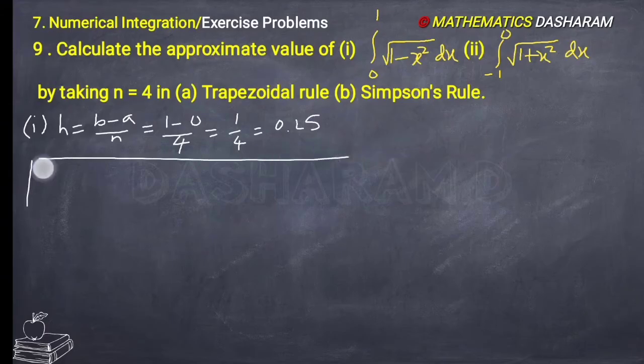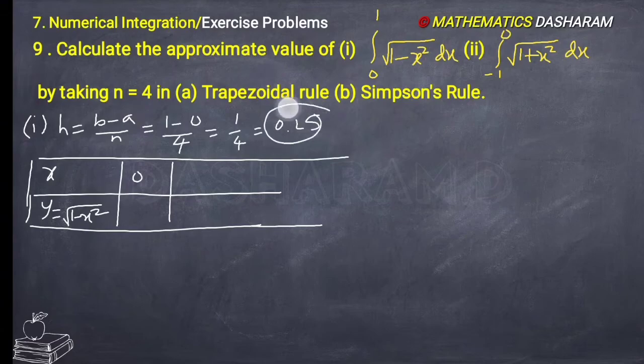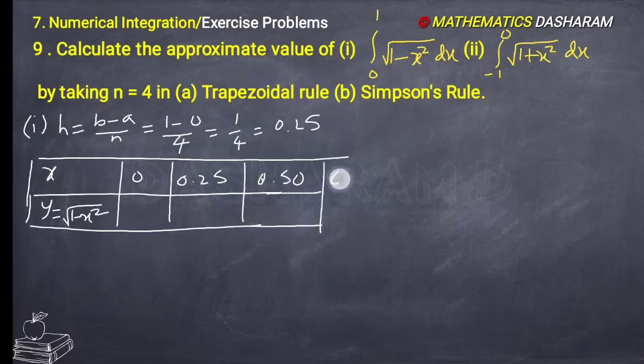Next to draw a table, x value. Next to y value is under root 1 minus x square. So first x value 0, next increase with 0.25. So here 0.25. Next to 0.50. Next to 0.75.